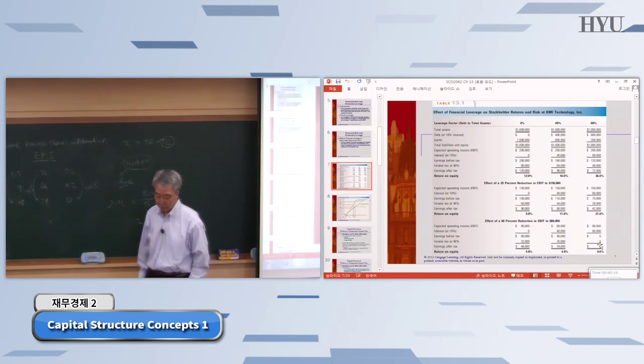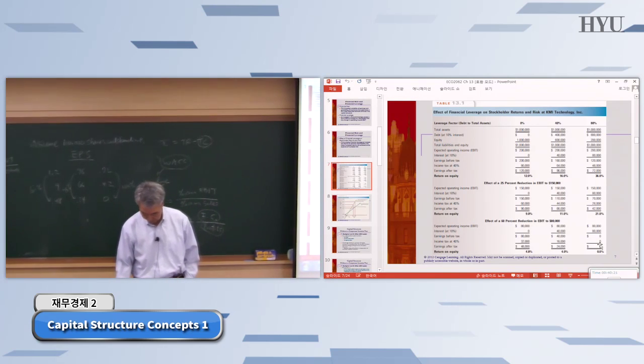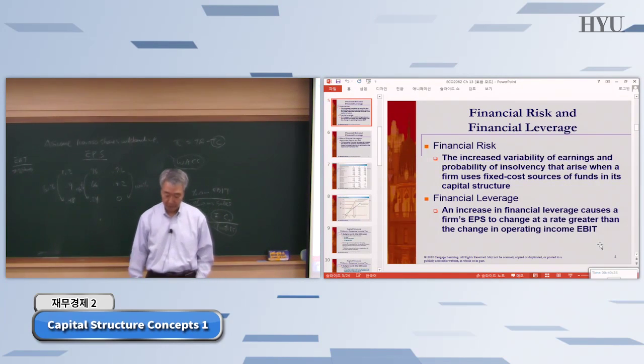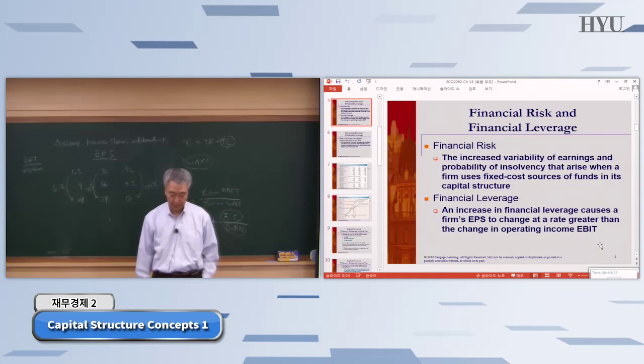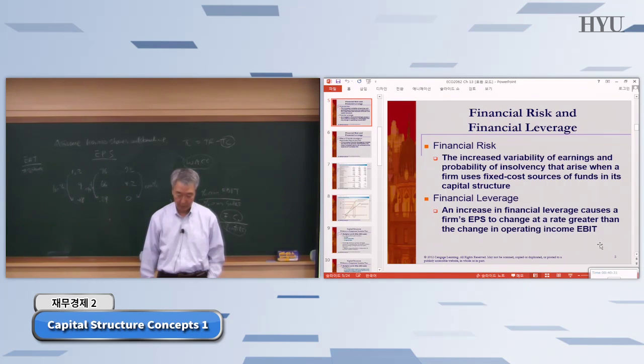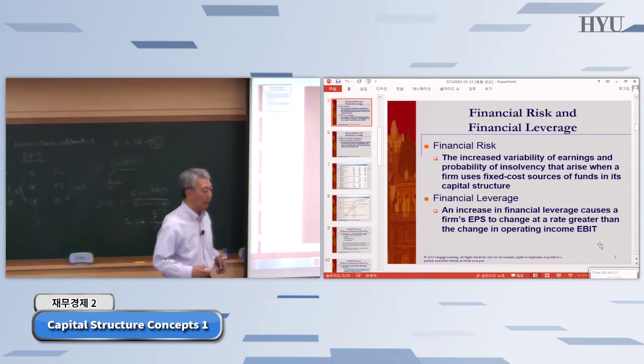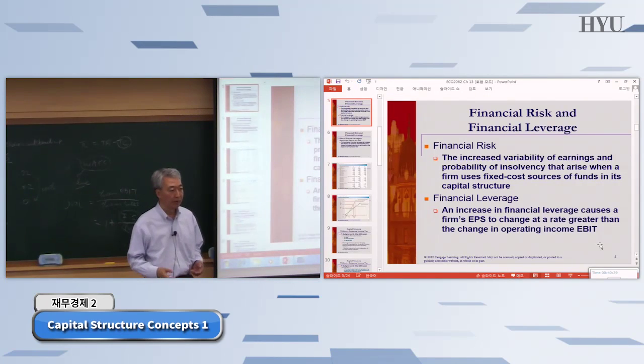That's what we're talking about here. So an increase in financial leverage causes a firm's EPS to change at a rate greater than the change in operating income, EBIT. So change in operating income will be magnified when you have leverage.